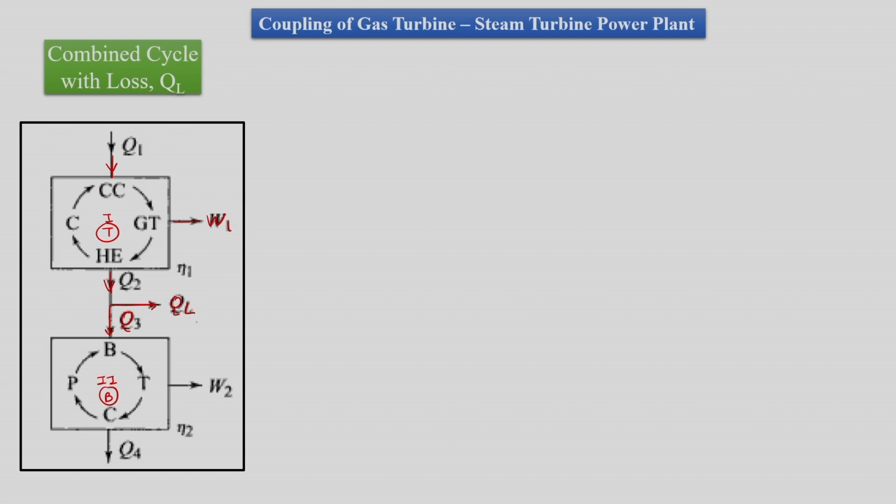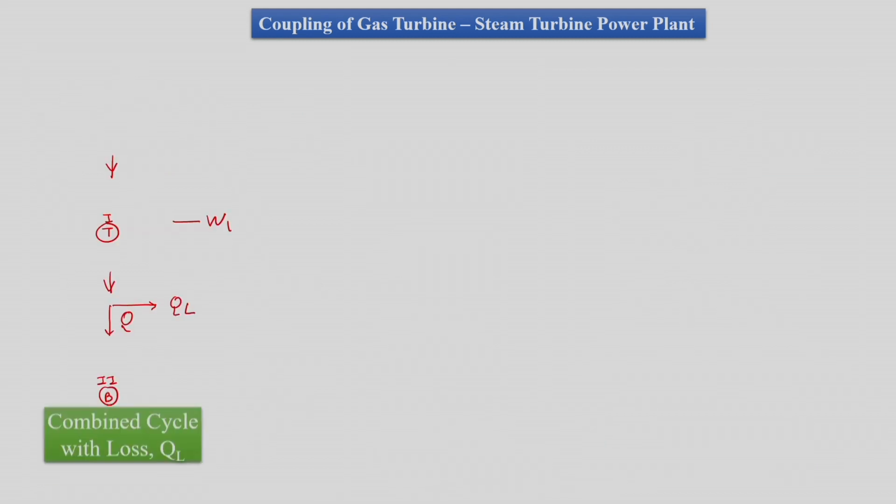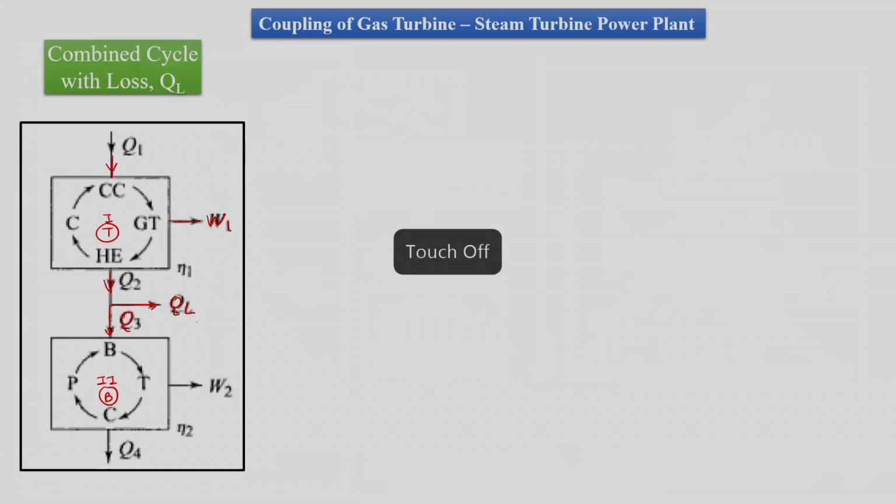So in the last expression we proved that eta 1 plus eta 2 minus eta 1 eta 2 is equal to eta. In that case we had assumed that QL is equal to 0, so we don't have any loss. But now if we have loss, then we will have to prove what the efficiency is.